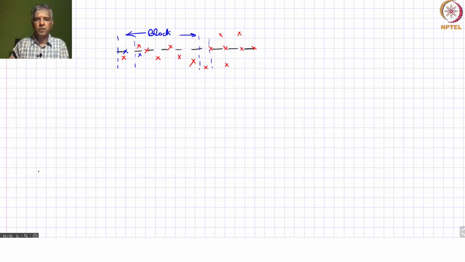You can keep doing this, and eventually what you will get is something that may look like this, that is closer to the value that you are trying to get, and this is what you call run length averaging.